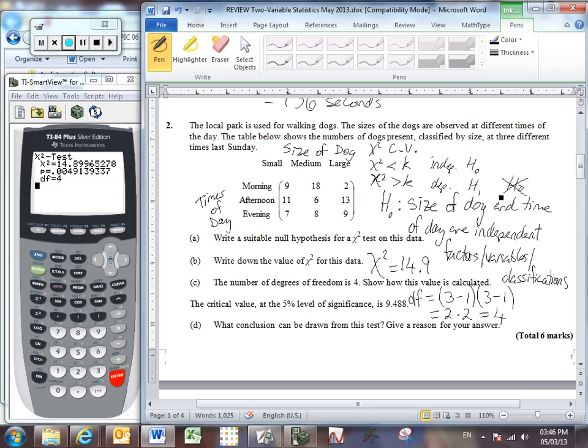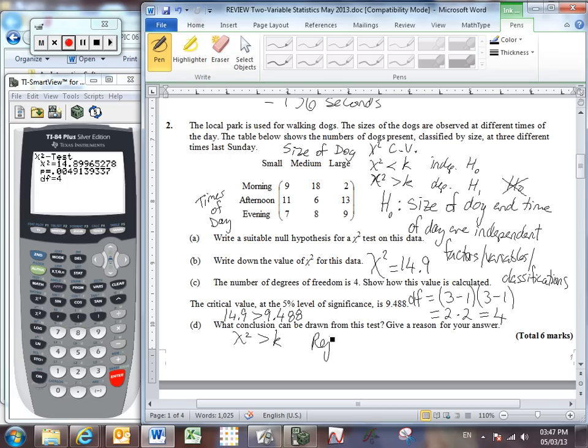If we compare our chi-squared value to the critical value, we discover that because 14.9 is greater than 9.488, meaning that my chi-squared is greater than k, this must mean that I have a dependent situation. I must reject my null hypothesis. So what conclusion can be drawn?